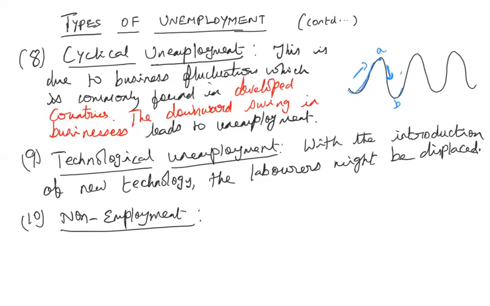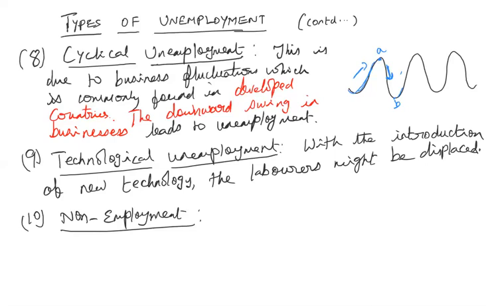They might be working, but the salary might not be according to the type of work they are doing, because in the unorganized sector there are no rules and regulations like what we have in the organized sector: this should be the minimum wage, this should be the hours of work, so per day or per hour this much has to be paid. Those kinds of conditions are not there in the unorganized sector.